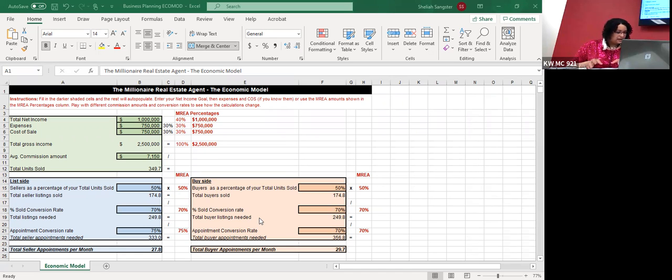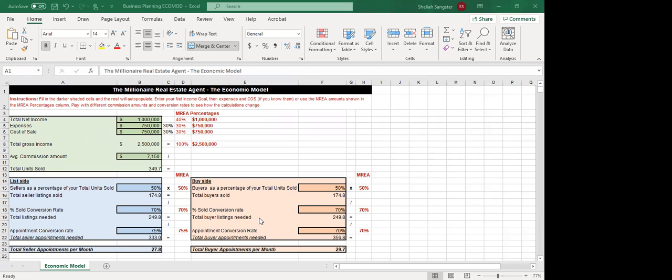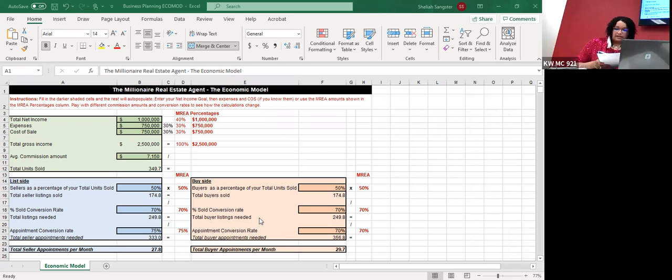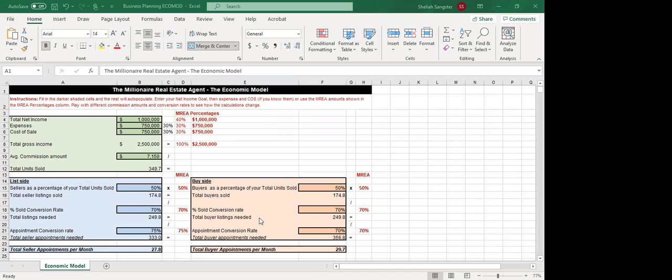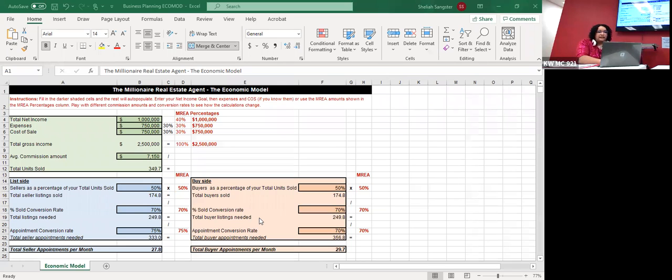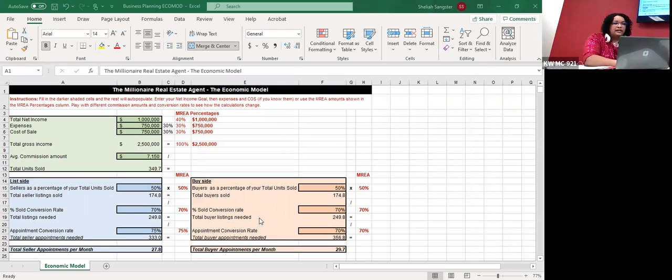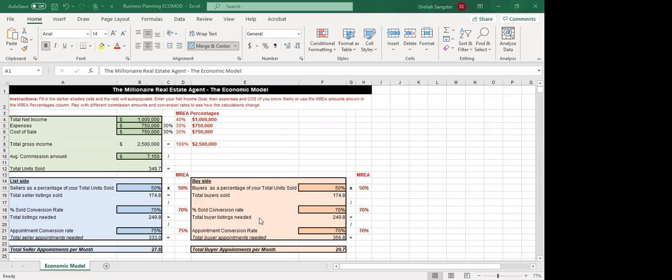We were talking about performance: your activities, the time investment, and money investment all equal outcomes. When you're looking at this economic model, you're beginning with the end in mind. It tells you that you want to be a millionaire real estate agent.